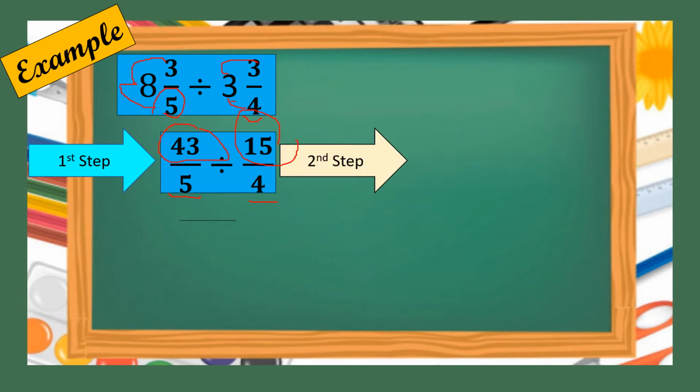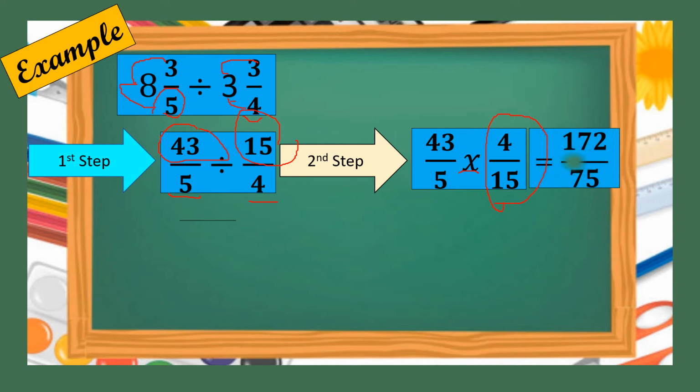Second step, change division sign to multiplication and get the reciprocal of the divisor. So, 43 fifths times 4/15. So, change the division into multiplication and get the reciprocal of 15 fourths. It will become 4/15.